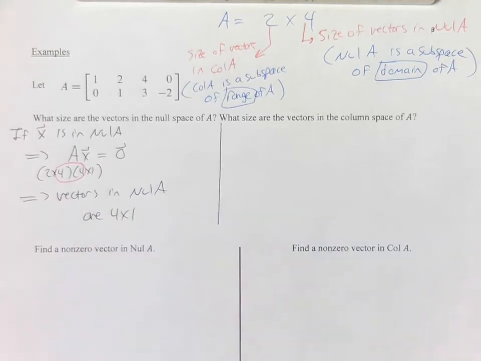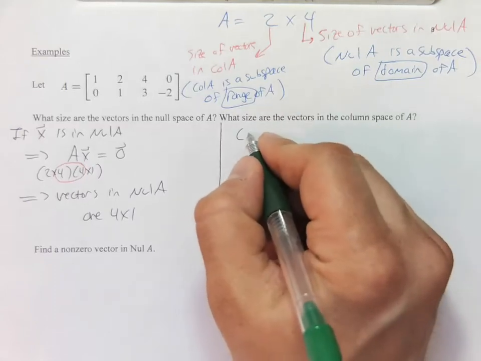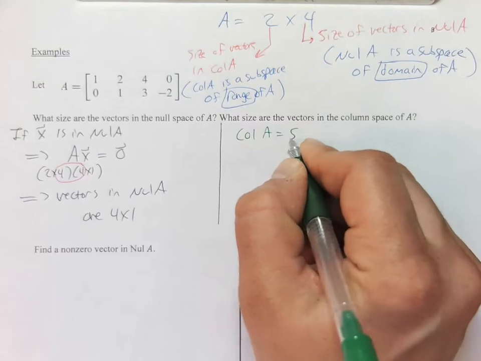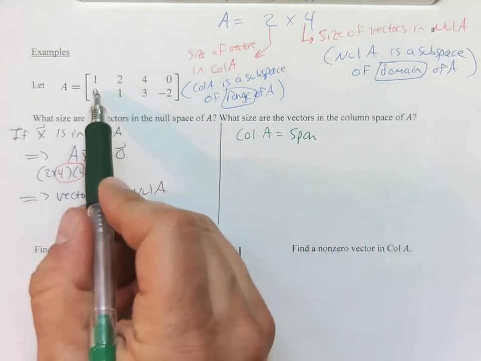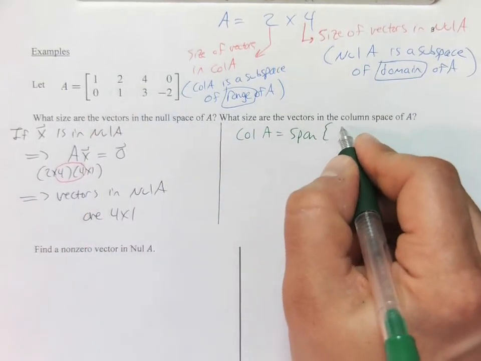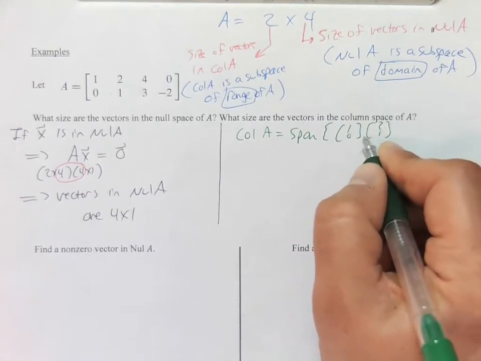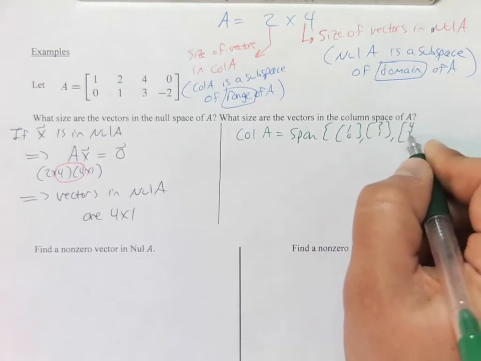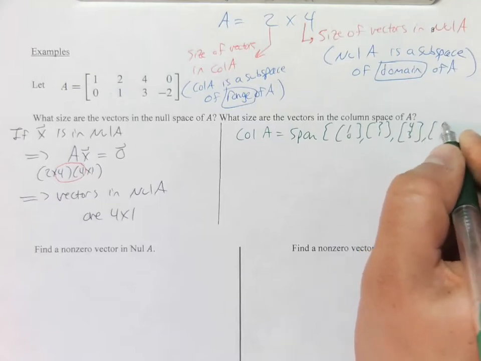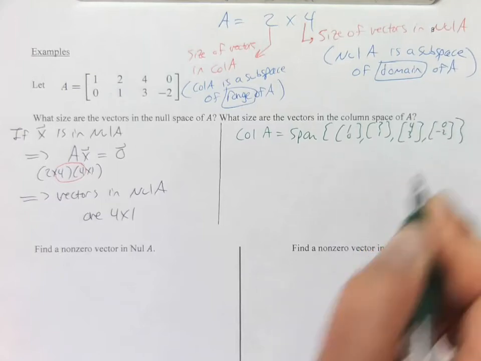Okay. And then the column space are just the size of the columns, right? So the column space of A is the span of each one of these individual columns. So it's going to be the span of 1, 0, 2, 1, 4, 3, 0, minus 2.